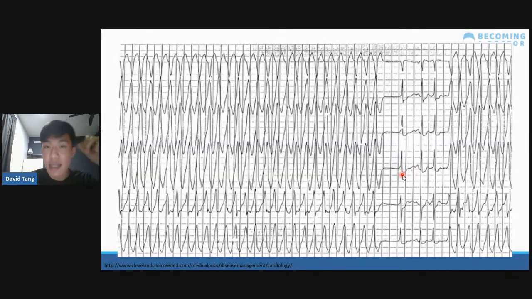And it means that the heart, which is meant to be a circuit, actually has an abnormal connection at one place where the electrical circuit can escape from atrium to ventricle. If you look at the heart, it should be very systematic.